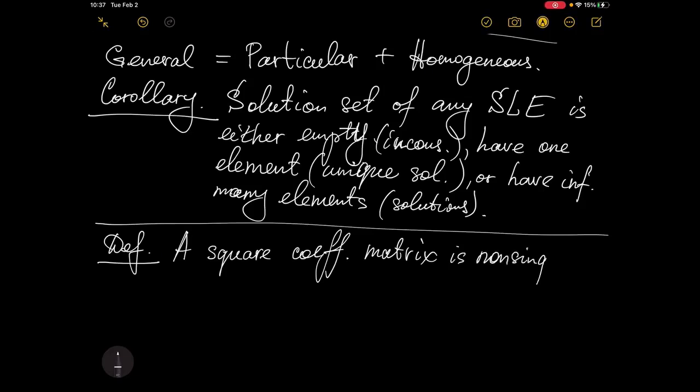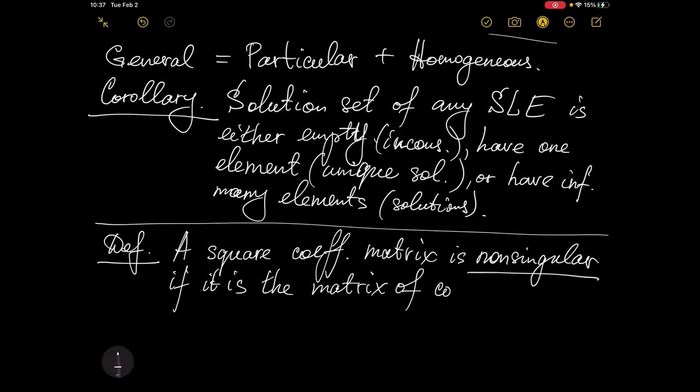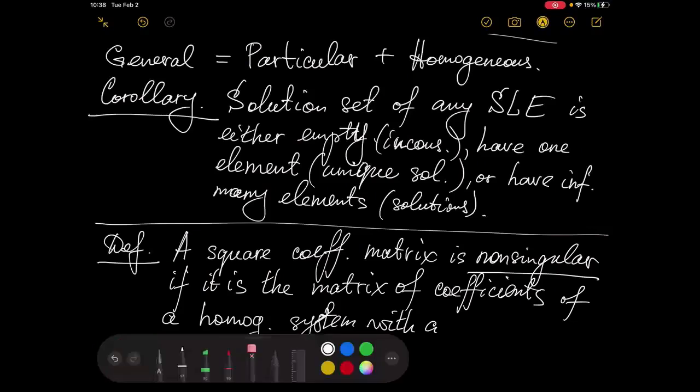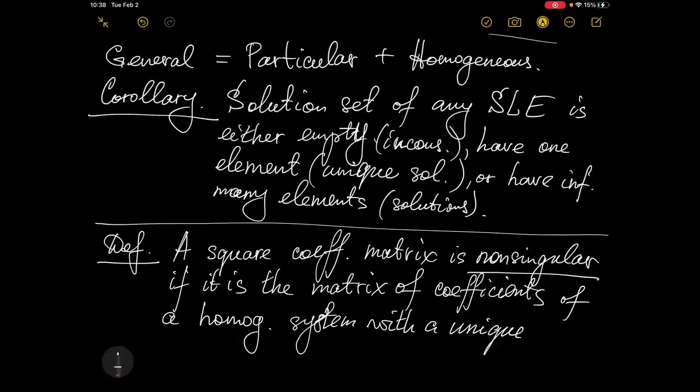non-singular if it is the matrix of coefficients of a homogeneous system with a unique solution, which means trivial solution.